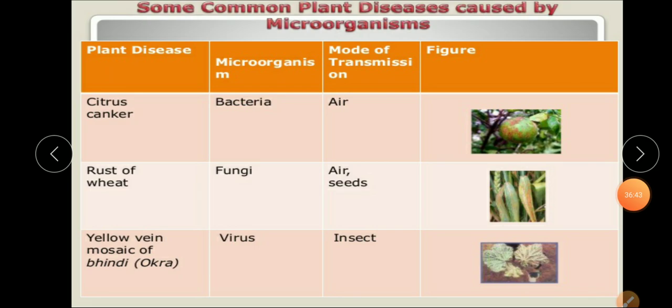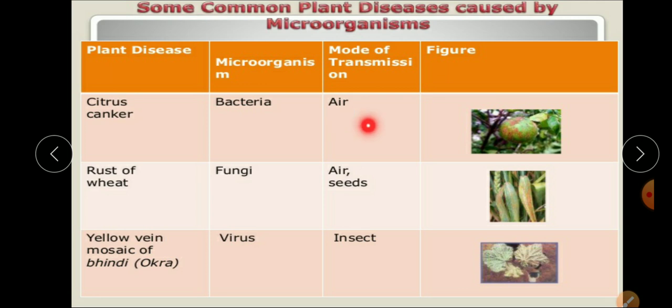You can see some common plant diseases caused by microorganisms. In plant diseases, citrus canker, rust of wheat, then yellow vein mosaic of bhindi. Bhindi is also called okra, right? So what are the microorganisms in that? Bacteria, rust of wheat is fungi, okra is virus. What are the modes of transmission?